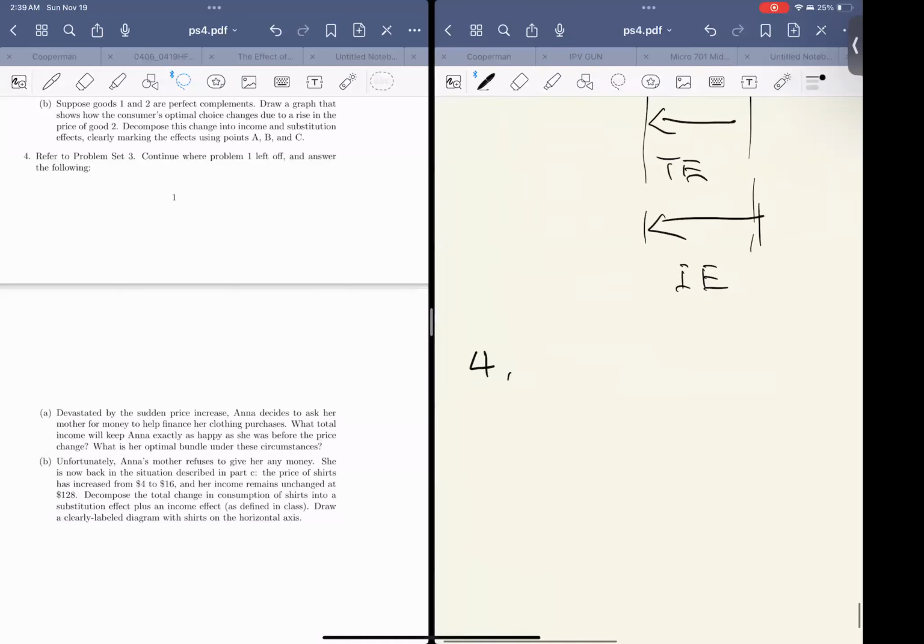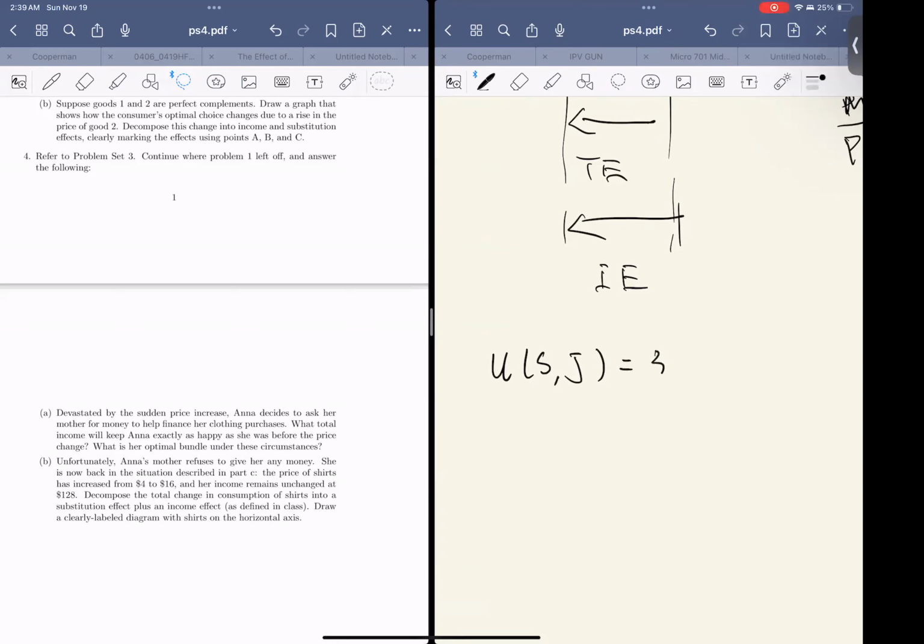You can refer back to problem set 3 if you want. So the utility is U of S, J equals 3 S^(1/2) J^(1/2).